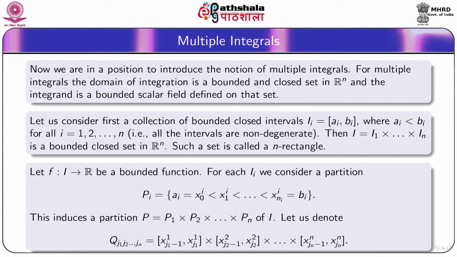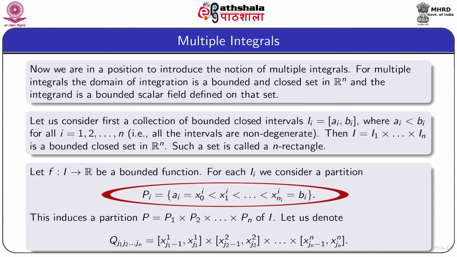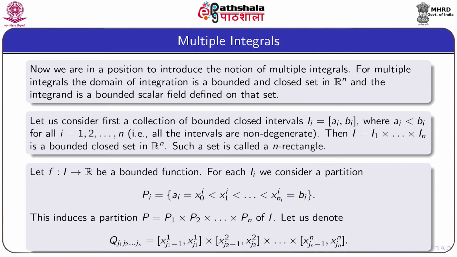Let I be the Cartesian product of these intervals in their natural order, that is, I equals I1 cross up to In, and clearly it is a bounded closed set in Rn. Such a set is called an n-rectangle. Now let f from I to R be a bounded function. For every interval Ii, we consider a partition Pi equal to ai equals x0i less than x1i continued up to xni i, which is bi.